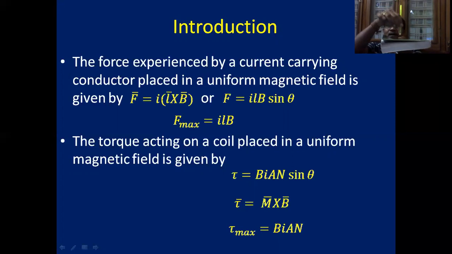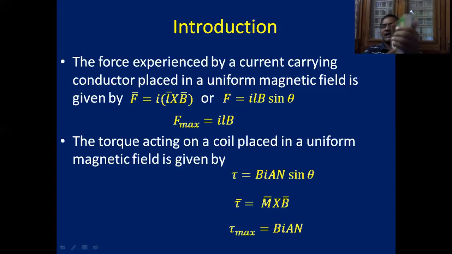Then the normal drawn to the plane is at right angles to the field direction. So when the plane of the coil is parallel to the field, or the normal drawn to the plane of the coil is perpendicular to the field direction, in this formula we take theta equal to 90 degrees, then tau maximum equal to BIAN.